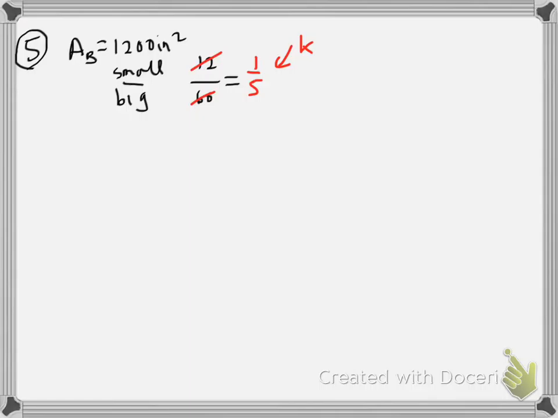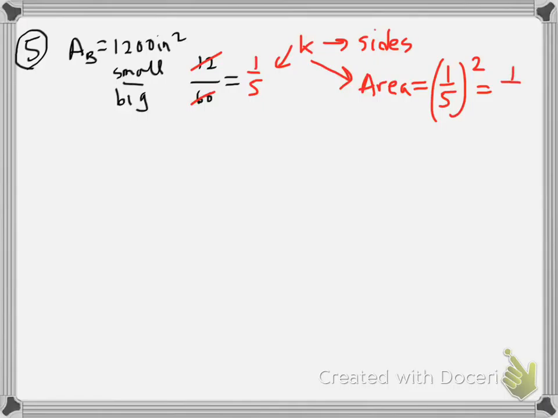So the small one is 1/5 of the big one. But that's for sides. If you want the scale factor for area, it's going to be the 1/5, but your area is to the second power, so you're going to have to square it. So it's actually going to be 1/25.